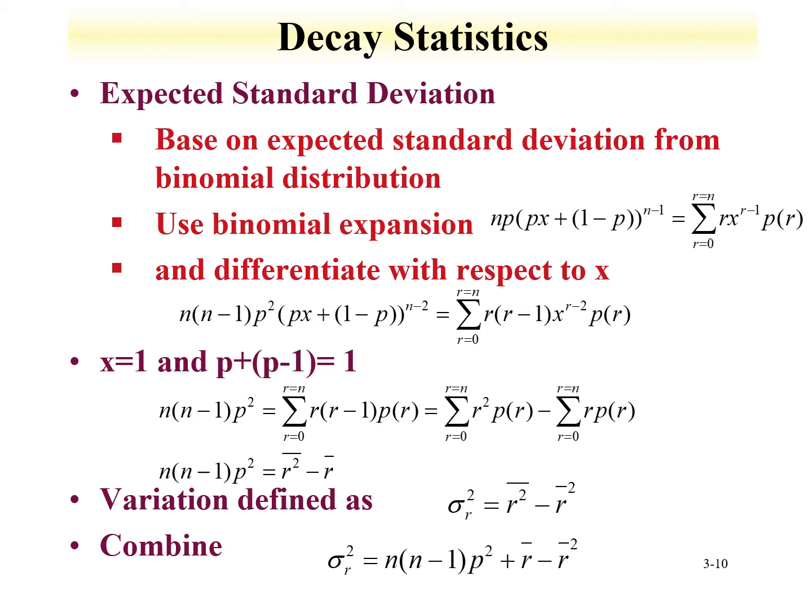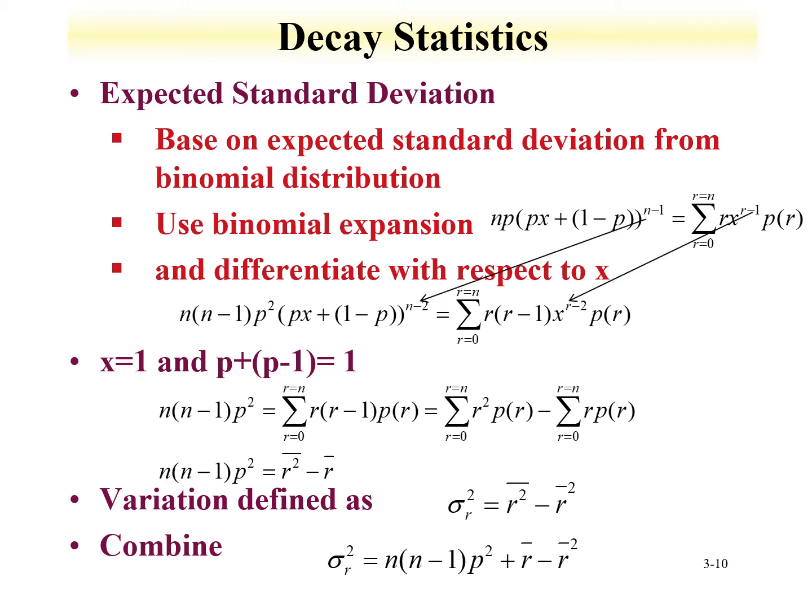So one can use this information that we've described to evaluate what's an expected standard deviation from the binomial distribution. We use the binomial expansion, as shown here, as we described previously on page 3-6, and we differentiate with respect to x.